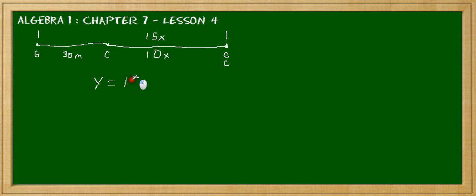So what is y? Y is going to be the distance they travel, because we multiply meters per second times the amount of time. And we also know that y is equal to 10x plus 30. That's 30 meters.